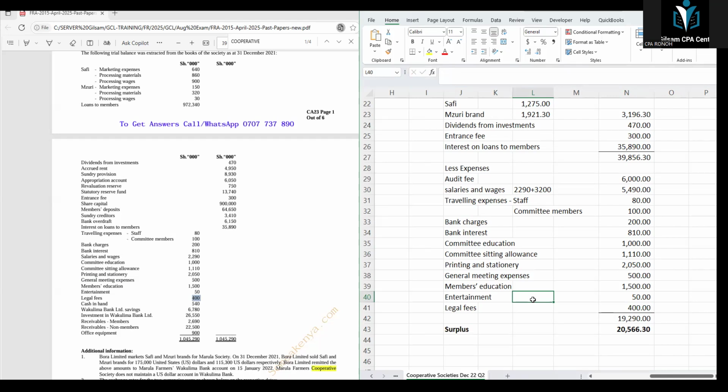Is bank overdraft not an expense? Bank overdraft, how can it be an expense? It is on which side of the trial balance? Credit side. So when you are doing introduction to financial accounting, all the debit is only an asset and expense.